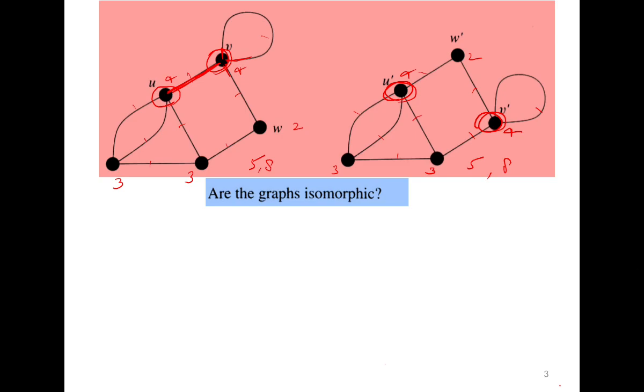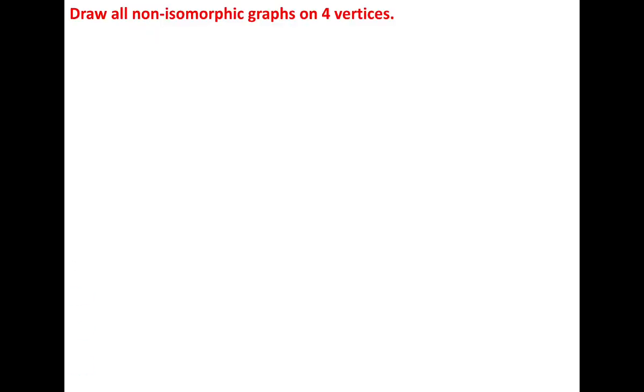So now the problem is to count the number of non-isomorphic graphs. Clear? When we say non-isomorphic graphs, we are considering a few things. One is unlabeled, because labeled versus unlabeled matters a lot.